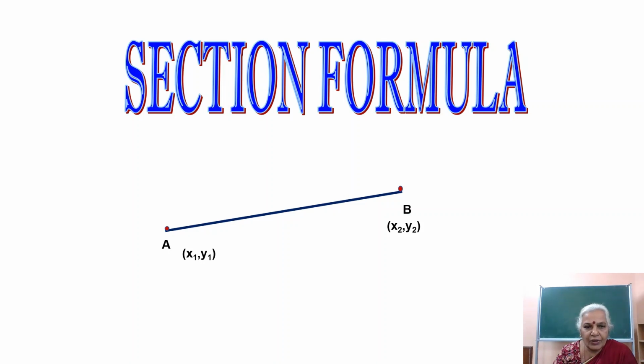Coordinates of point A is x1, y1, and coordinate of point B is x2, y2, and there is a point P in between, and coordinate of this is x and y, and it is divided in the ratio of m1 and m2.